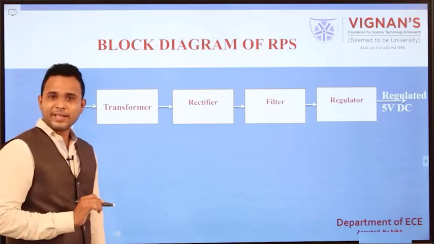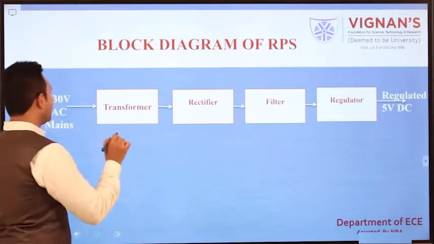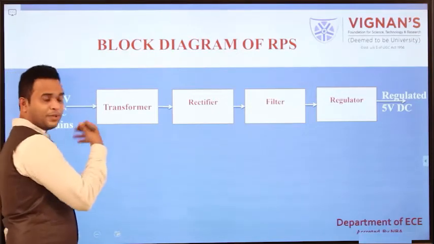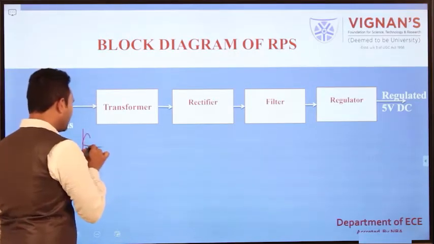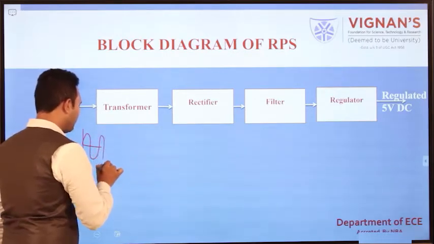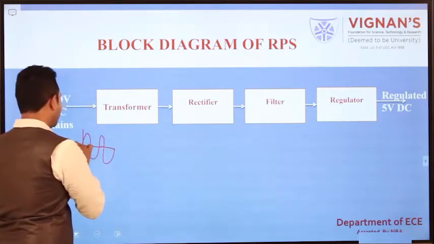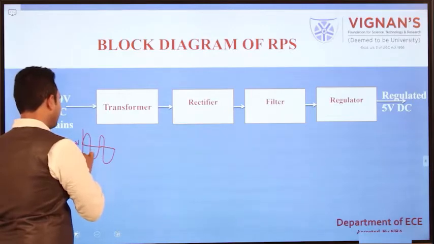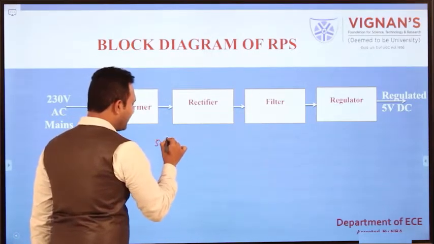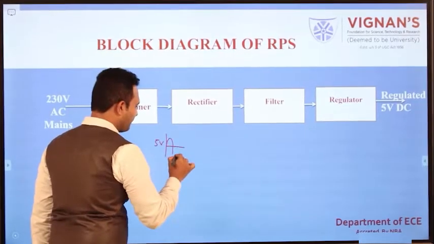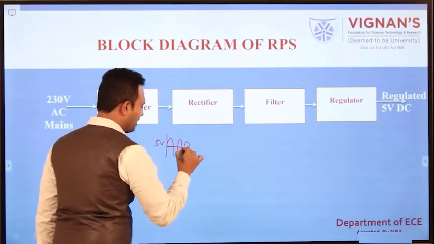Coming to the regulated power supply block diagram. I want to tell with the help of waveforms, the input is 230 volts AC. The output of the transformer is 5 volts peak to peak AC.